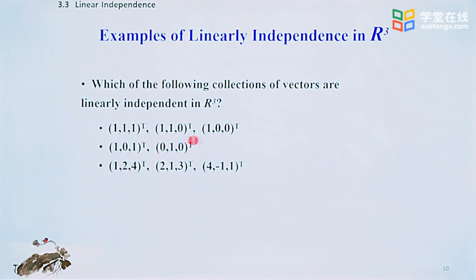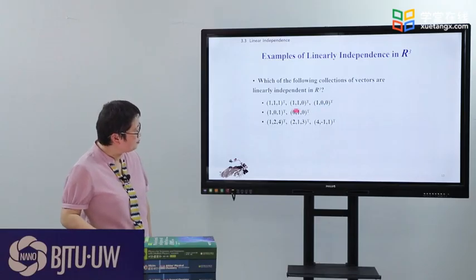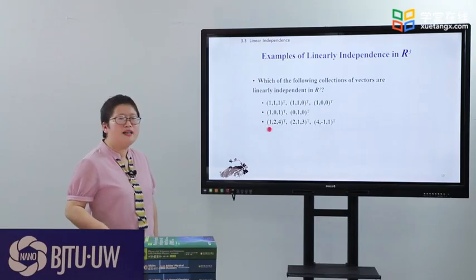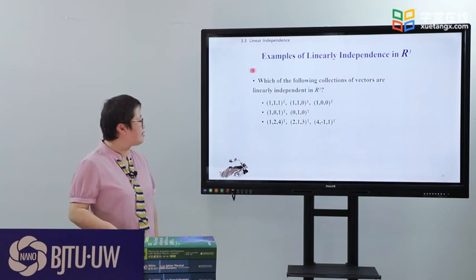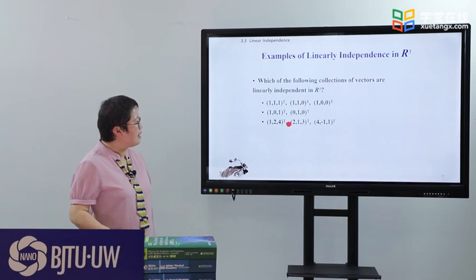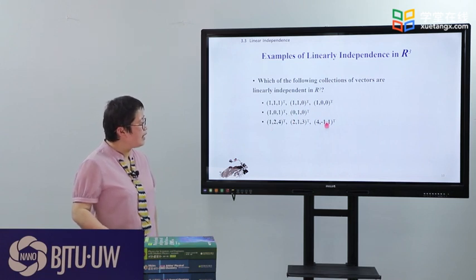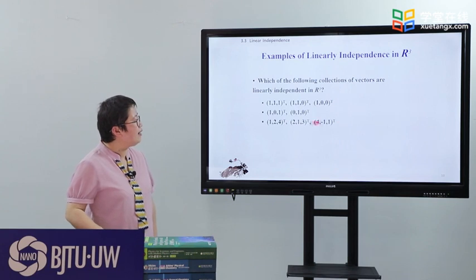So these two vectors are linearly independent. And also for this one, you consider the homogeneous linear system c1 times this vector plus c2 times this vector plus c3 times this vector equals 0, and you find whether there is a trivial solution or not. In fact, for this one, it should have a non-trivial solution. So they are linearly dependent.